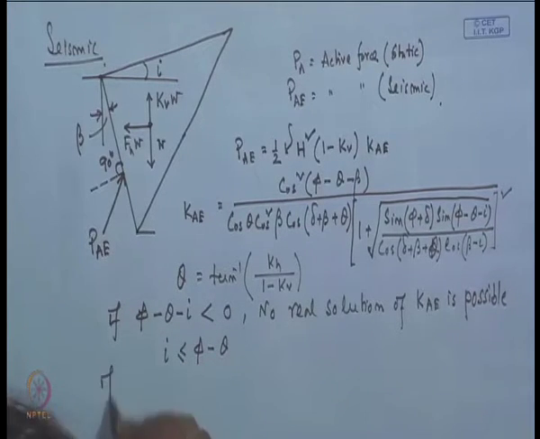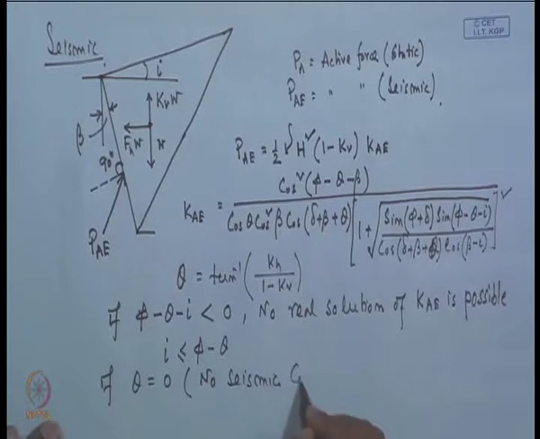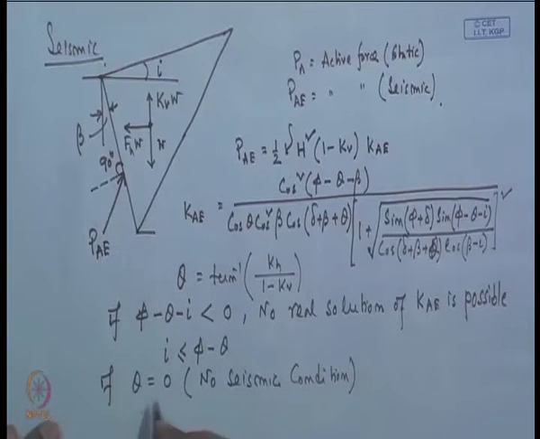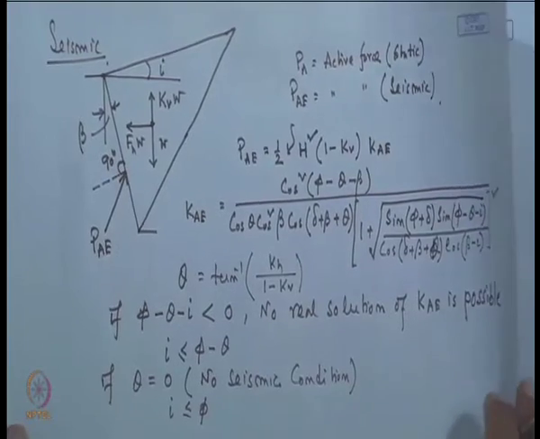Now, another condition: if theta is equal to 0, that means no earthquake or no seismic condition, then for stability i should be less than or equal to phi. These are the two very important conditions.